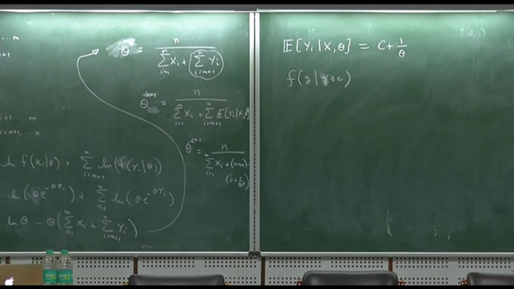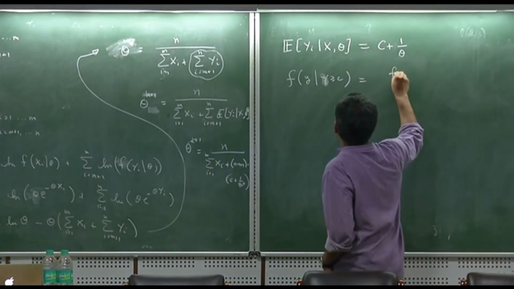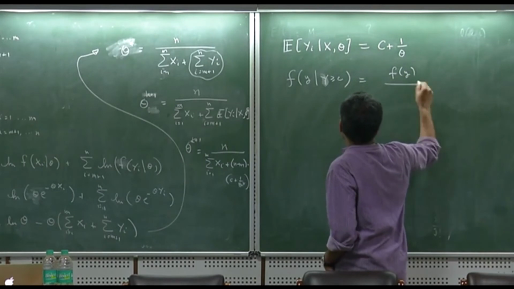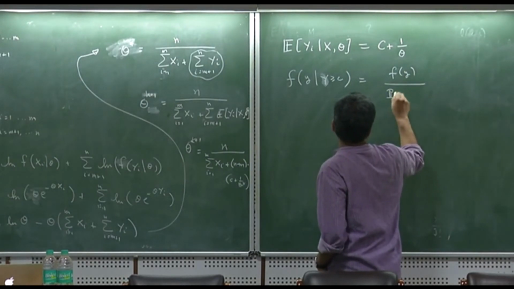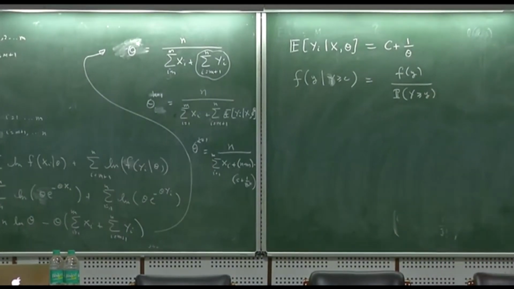So how do I write this out? What is the probability? How do I write this conditional distribution? This is going to be f of y divided by the probability that y is greater than or equal to little y. And what is this probability?